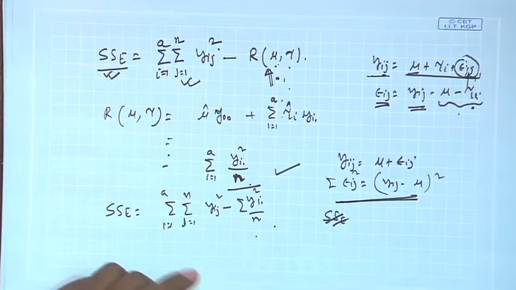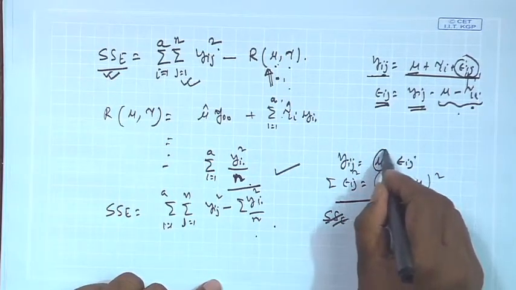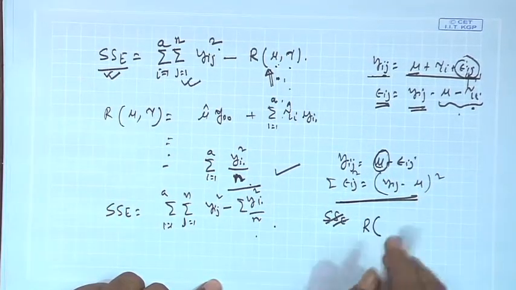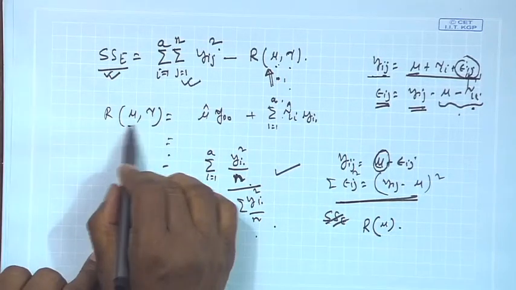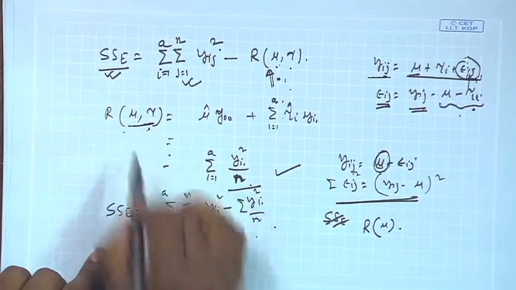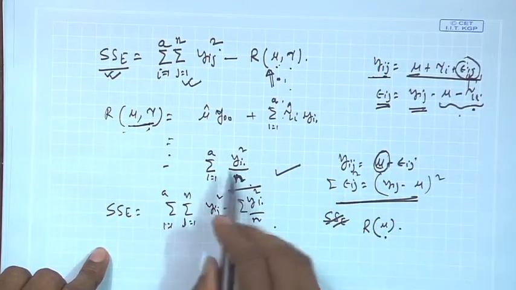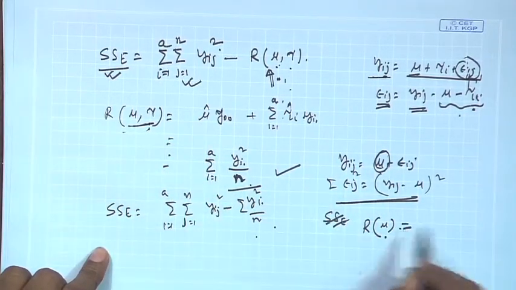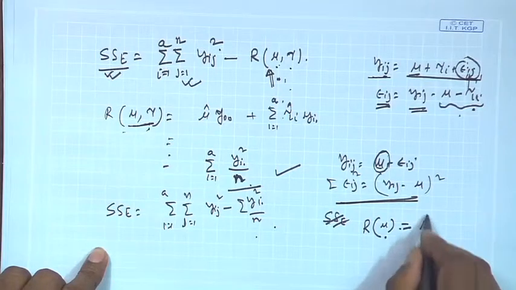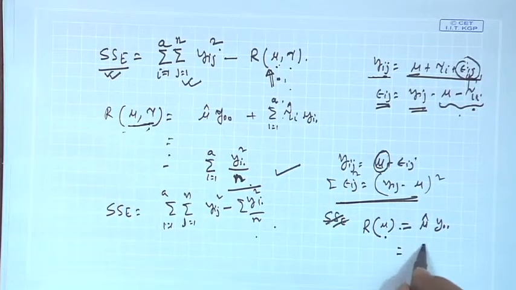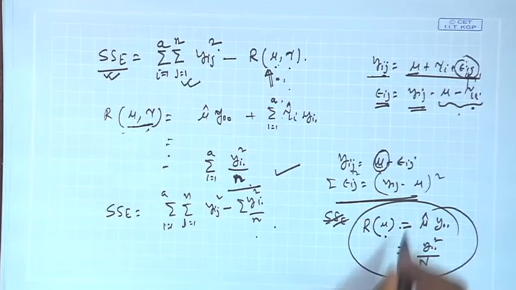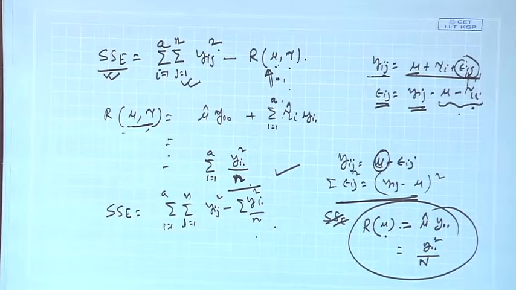But rather, we are interested only in R of mu. Here, mu and tau for the full model. For the reduced model, the estimate is mu cap multiplied by its total. Now, this will give you y dot dot squared by capital N.